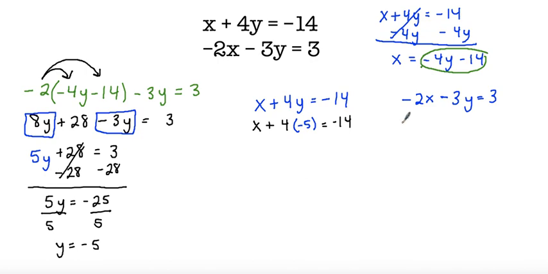And then here we have negative 2x minus 3 times negative 5 is equal to 3. So positive 4 times negative 5 is negative 20, so x minus 20 is equal to negative 14. So we're going to add 20 on both sides.